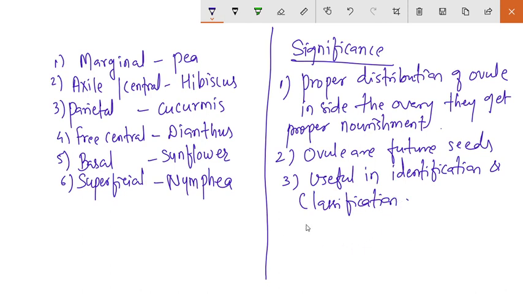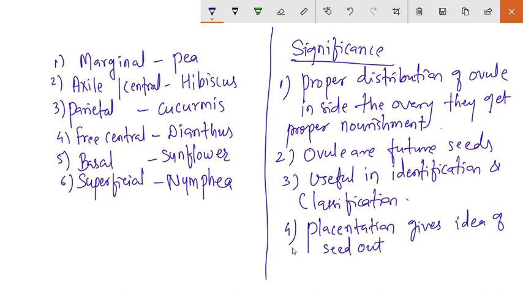Okay, and then the last one, the placentation gives idea of seed output. सीड आउटपुट म्हणजे प्लांटच्या नेमके कोणत्या भागामध्ये कशा पद्धतीने सीड्स आहेत जे आपण मिळवतोय. ओके, तर प्लासेंटेशन माहित असेल तर सीड्सचं आउटपुट कुठून घ्यायचं हे कळतं, आणि it helps in productivity.